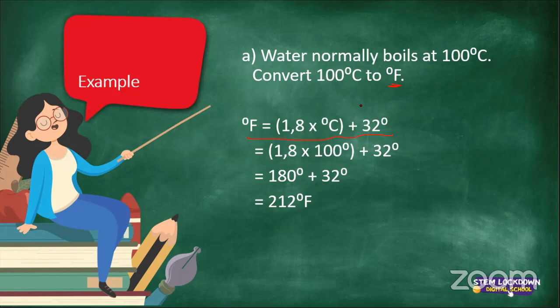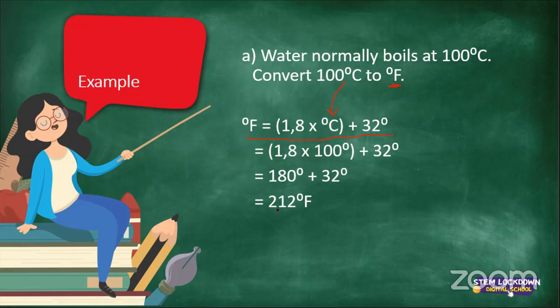Now all you do is substitute your 100 straight into your formula. Learners, please don't jump steps, because this can be for 2 or 3 marks, and if you jump, you might lose marks. 1,8 times 100 is 180 degrees, plus 32 degrees.